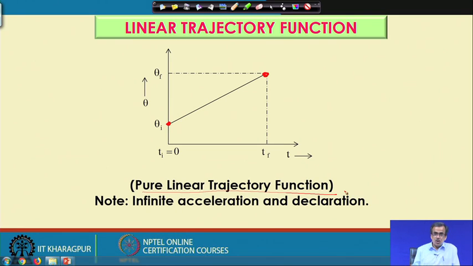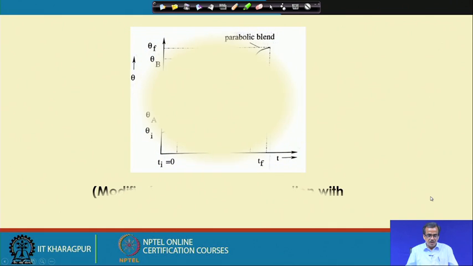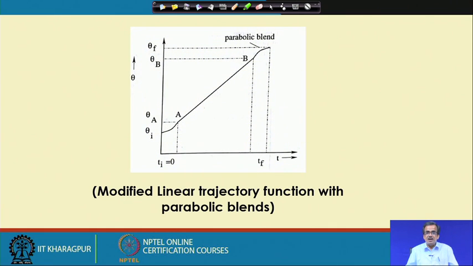So, to overcome this problem, we try to fit a parabolic blend at the two ends of the linear joint. This is the modified linear trajectory function. Here, this is theta as a function of time.